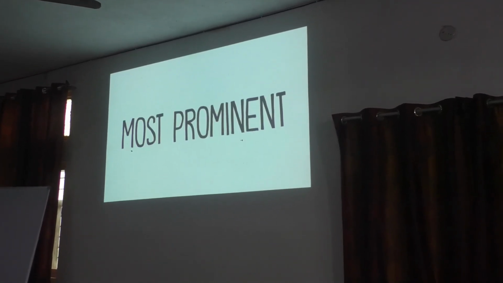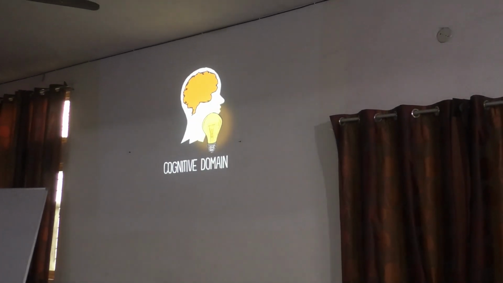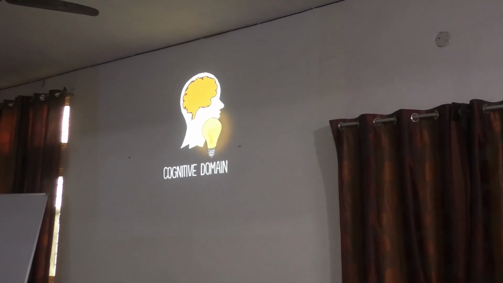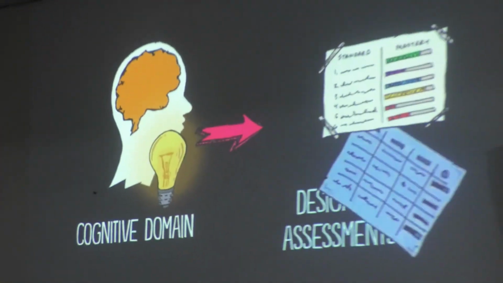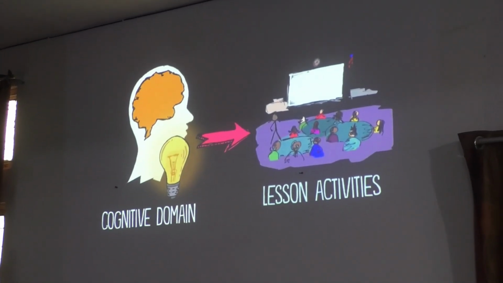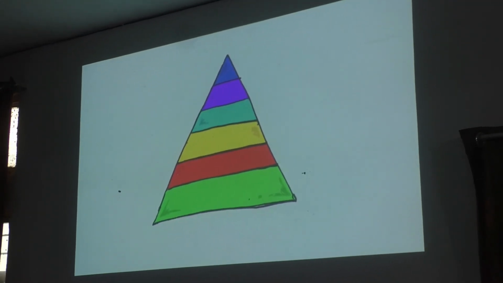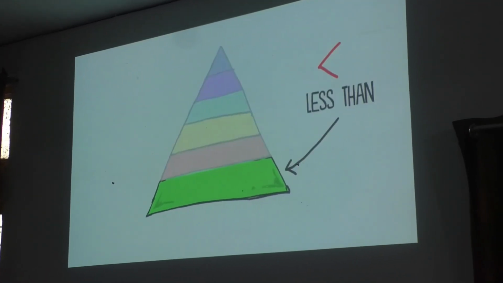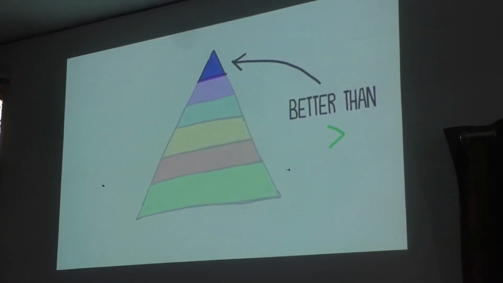The most prominent of these domains was the cognitive domain, and it's still what many educators use when crafting objectives and learning targets, constructing questions, designing assessments, and coming up with their basic lesson plans. Bloom's taxonomy is often represented as a hierarchy, though it was never explicitly meant to treat lower levels as less than or higher levels as better than.